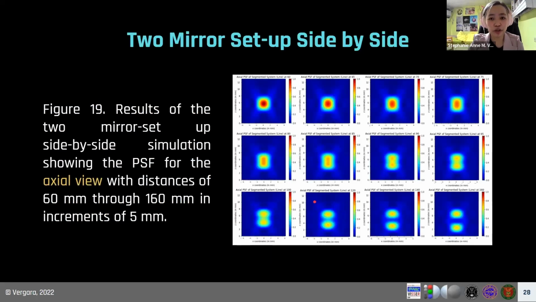Okay, so for the two mirror setup, arranged side by side, the separation distances used were 60 millimeters through 160 millimeters in increments of 5.